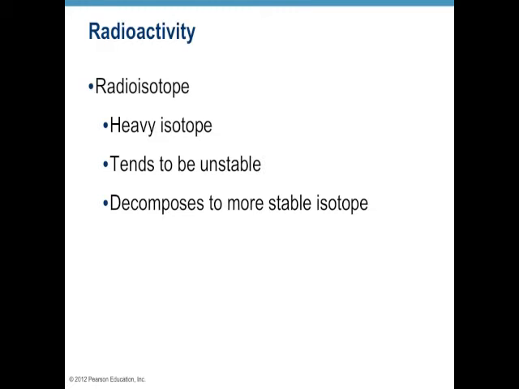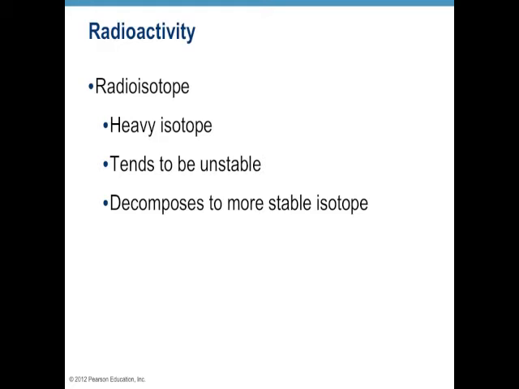Now, in a radioactive isotope, the density of that atom has become such that it has enough neutrons that it becomes heavy enough that it's not holding together. The glue that's holding it together is weakening, and it starts to decompose. It starts to break apart. That means that it's said to be unstable.